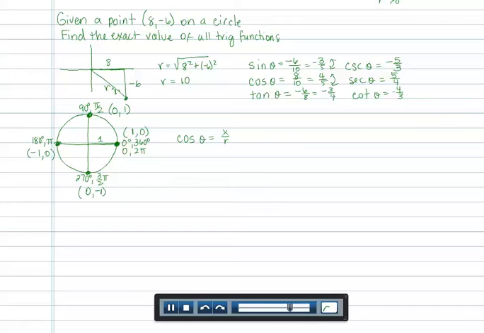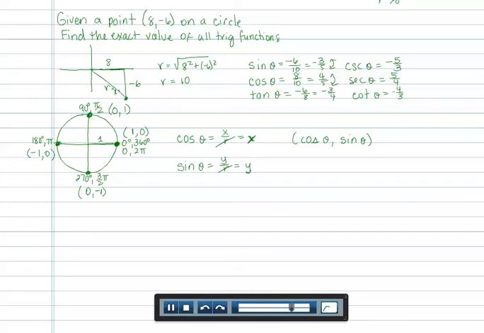Well, if r equals 1, this is essentially the x value. And the sine of theta is y over r, and if r is 1, then it just equals y. So literally, you can think of those points as cosine theta, sine theta. X being cosine, y being sine.